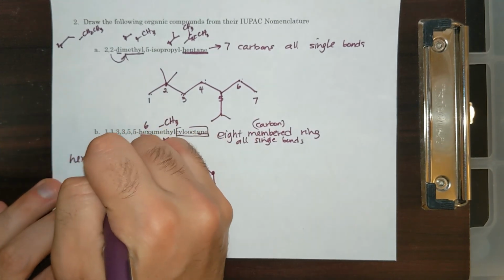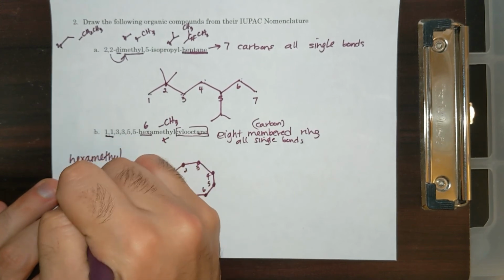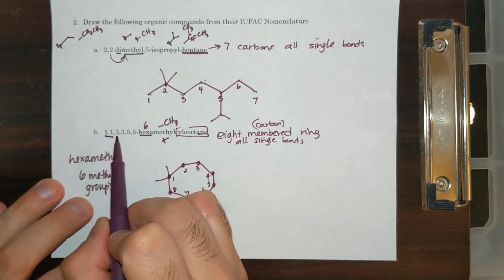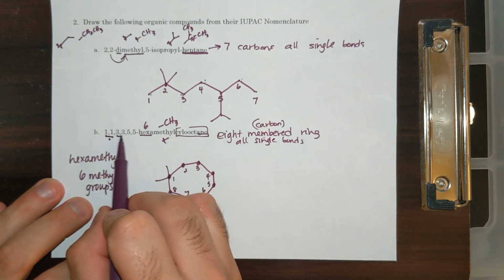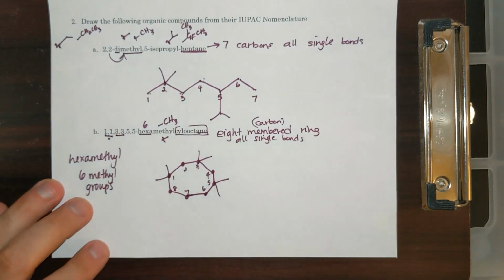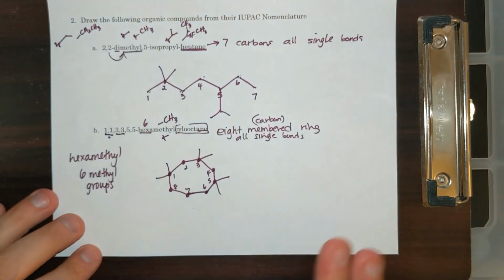I'm going to be able to put them all around my ring based off of the number. If it's 2 of the same number, they go on the same carbon. So 1, 1, 3, 3, and then 5, 5. Done.